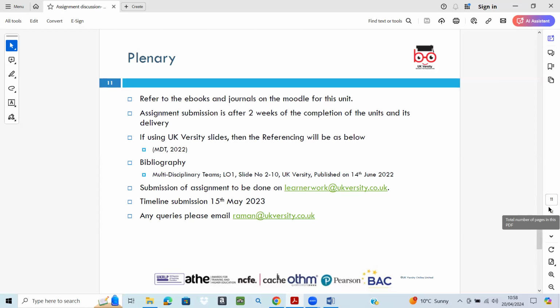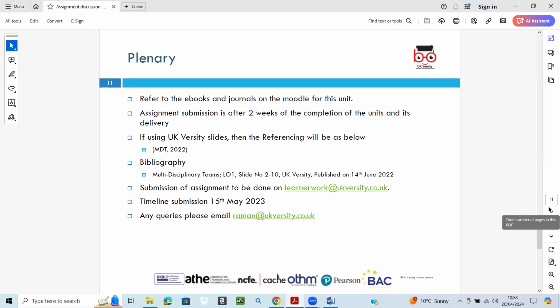And in the end, comma, slides 2 to 10, then UK Versity, published on 14 June 2022. Again, they have given us an example of a previous date. For example, if it was published on 14 June 2022, then we will write that date. If you are using today's slide, just for example, so we will write 2024, which is published on the 20th of April 2024.